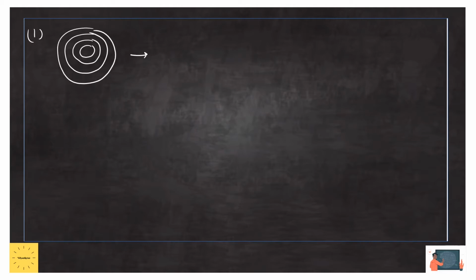Right? So here, number one, when the contour pattern is in circular pattern like this, this will form conical hill, right? So suppose this is representing 600, this is 700, 800 and 900.